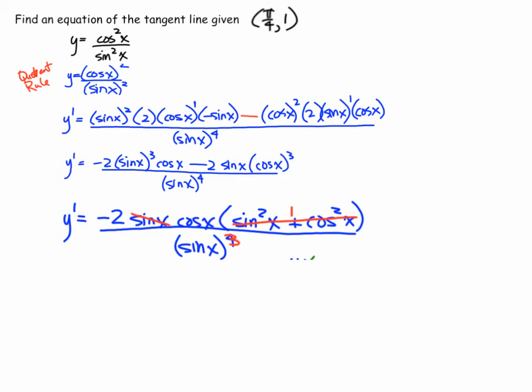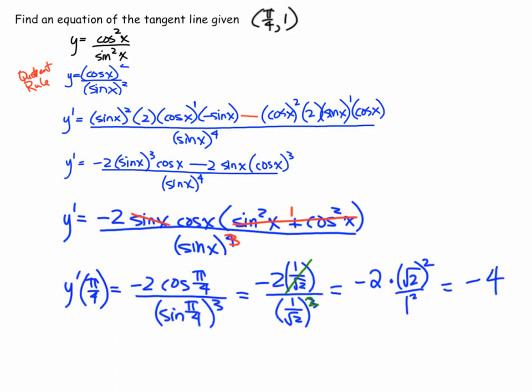And I know that sine squared x plus cosine squared x is 1. And I can cancel a sine x with a sine x in the denominator, leaving me 3 sine x's in the denominator. So my simplified answer is -2 cosine x over sine x all cubed.